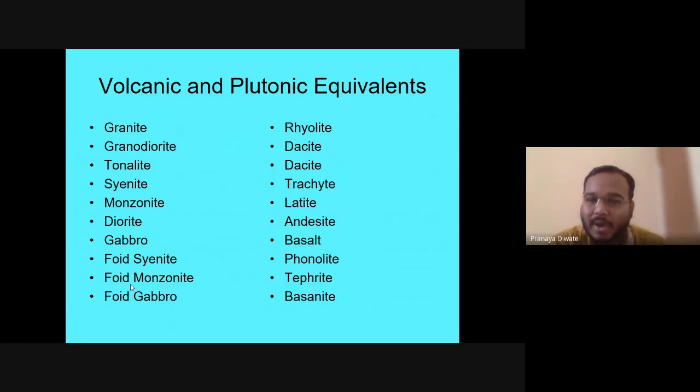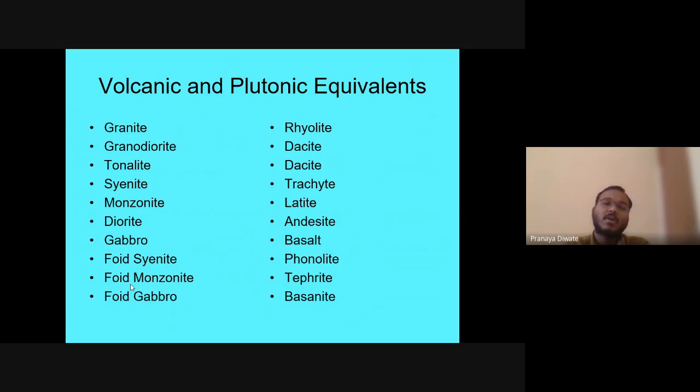Okay, so you have granite and rhyolite. The volcanic equivalent of granite is rhyolite. Then you have granodiorite, which forms dacite.